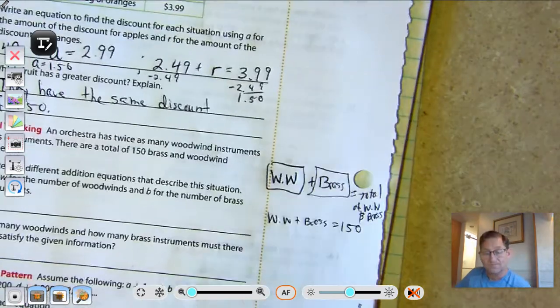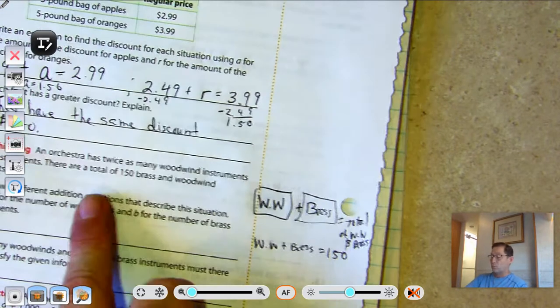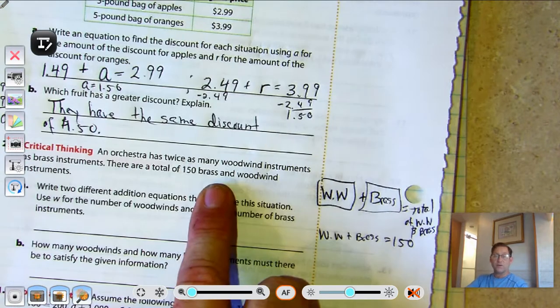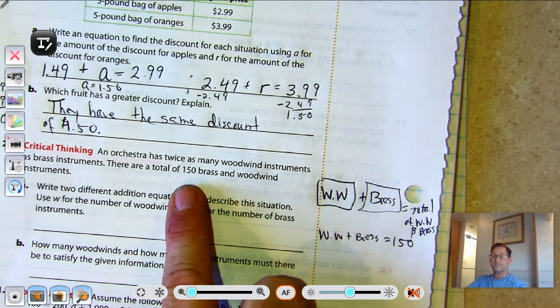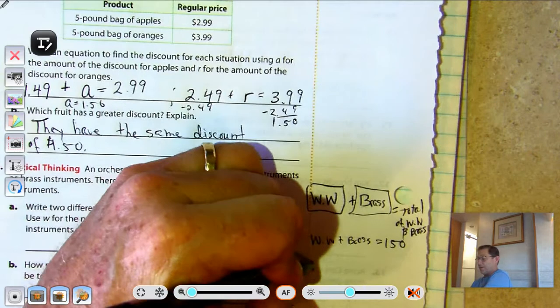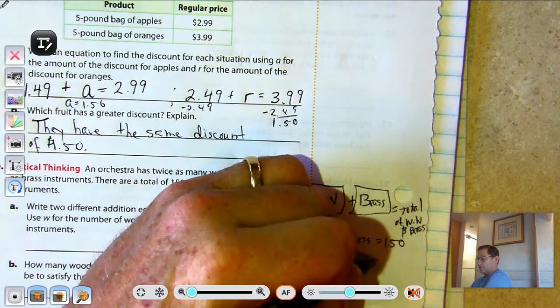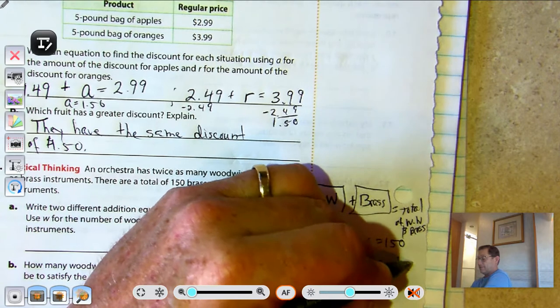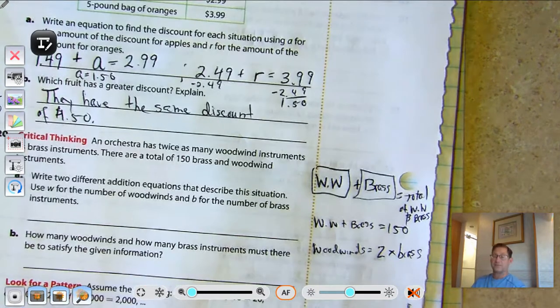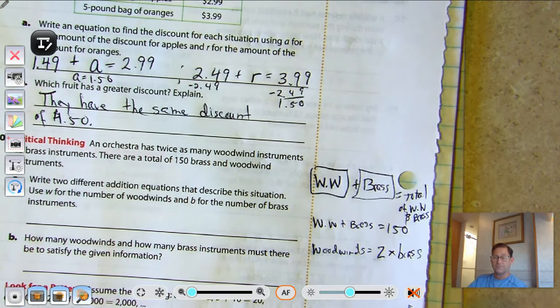Okay, so we need to write 2 equations. Well, there's twice as many woodwinds as brass. So we can say that woodwinds equals 2 times the brass instruments. If you tell me the brass instrument amount, I can tell you what the woodwinds are.